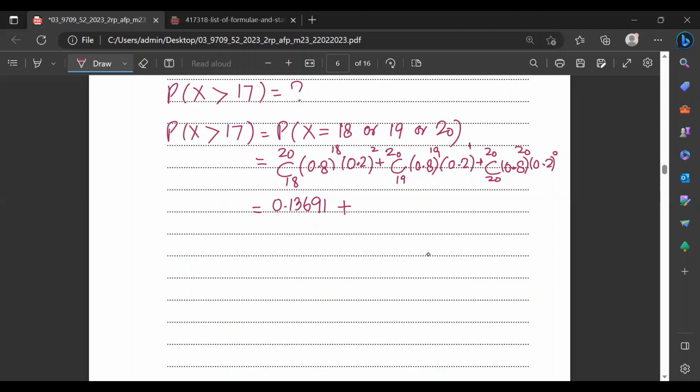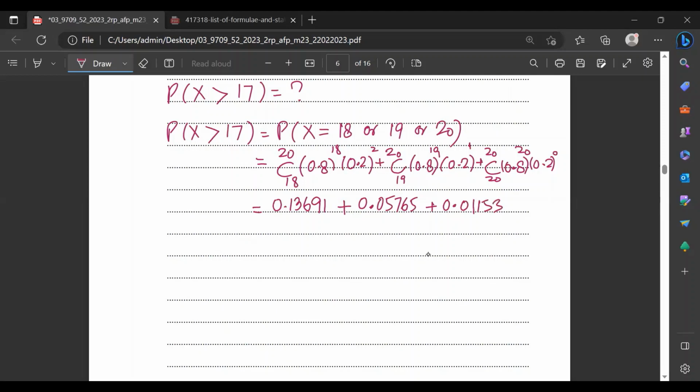When you simplify, it is 0.05765. The last, 20C20, which is 1, and 0.8 to power 20 is 0.01153.